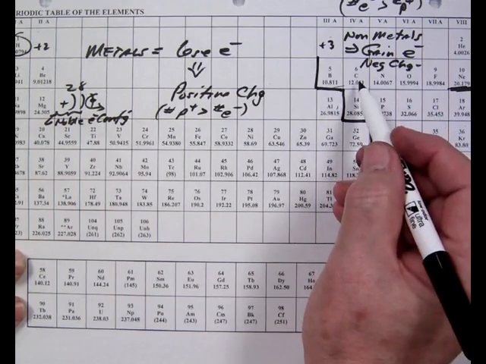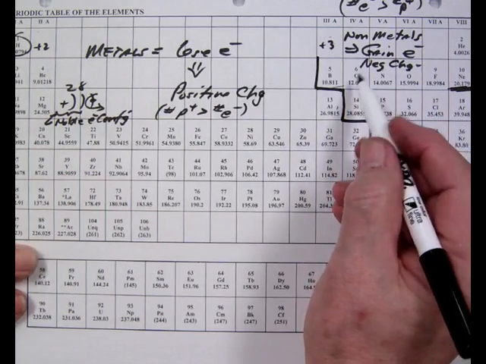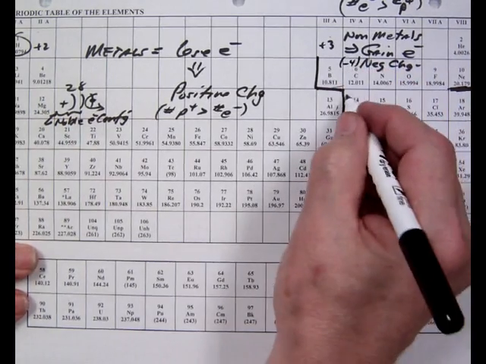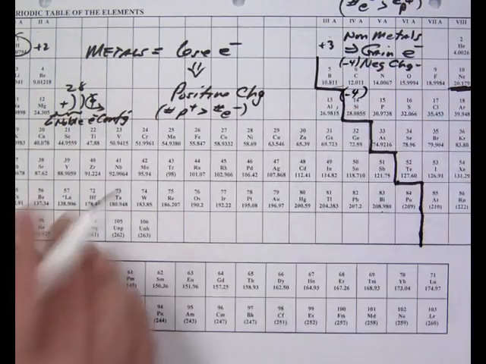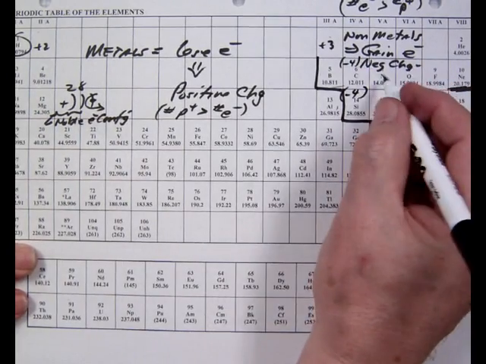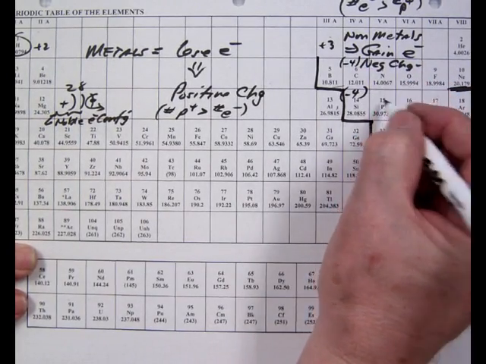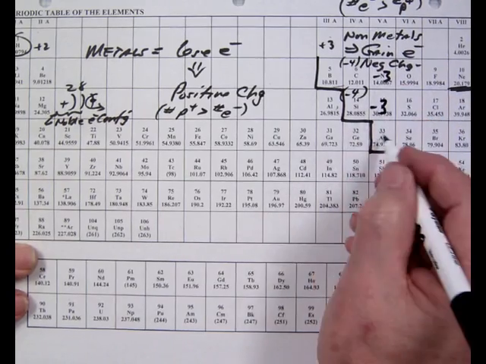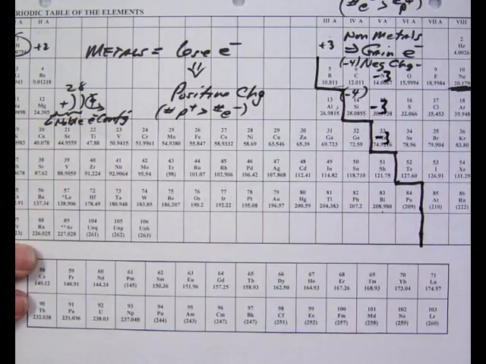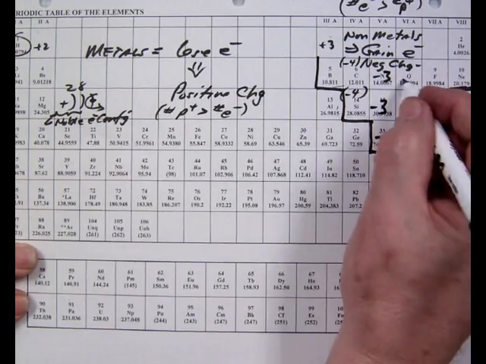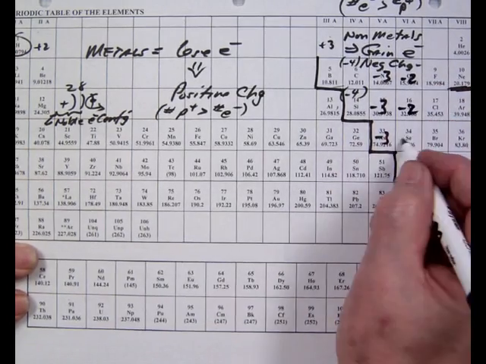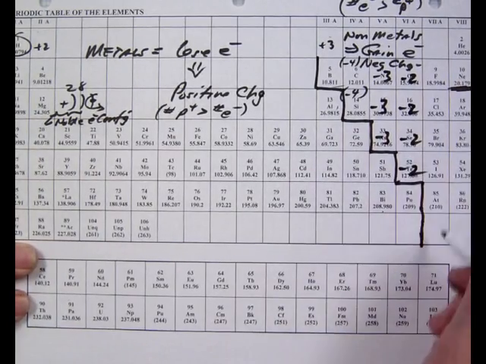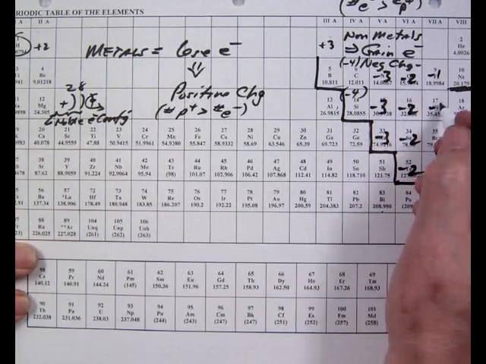So carbon has 4, needs 4, so it gains 4 electrons, and that becomes a -4. So does silicon, becoming silane. Nitrogen has 5 outer shell electrons, and so it becomes a -3. So does phosphorus, so does arsenic. Those become -3 elements. Oxygen, -2, sulfur, -2, selenium, and tellurium, all -2s. And then you have the halogens, which gain one, minus 1.